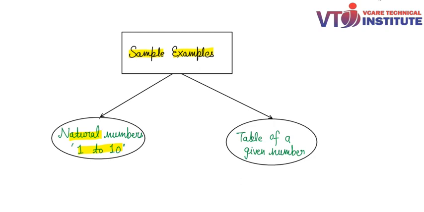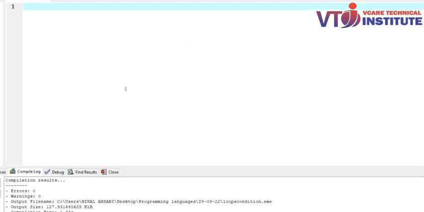So let's make the other program, that is the table of a given number. So let's make this program as we studied from our childhood, the table of 2, 1, 3. So let's make a program to print the table of a given number.